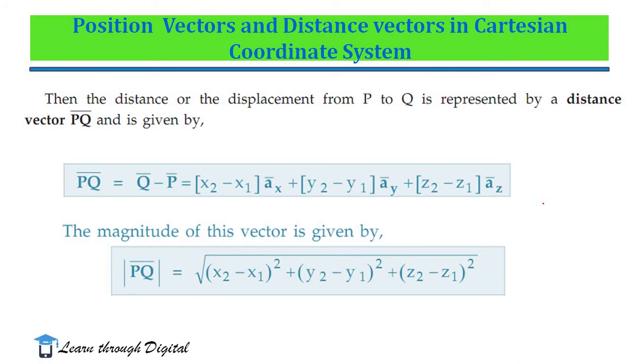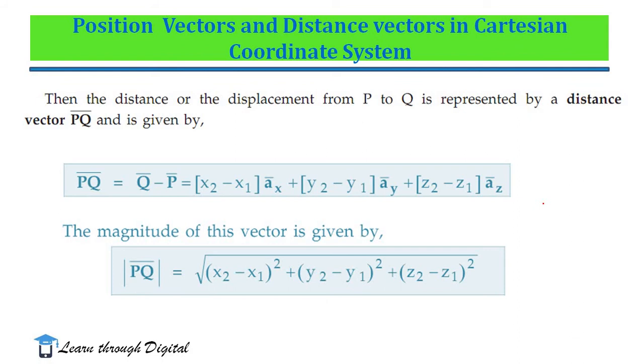We are going to write the distance vector from P to Q, which is represented by PQ vector. PQ vector is equal to the difference of Q vector minus P vector. That is (x2 minus x1) ax vector plus (y2 minus y1) ay vector plus (z2 minus z1) az vector.